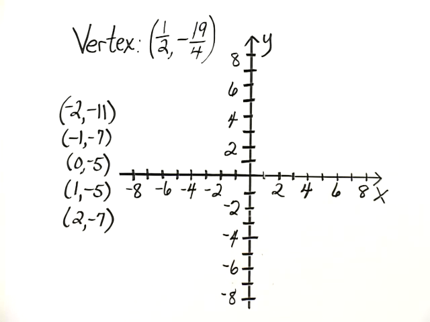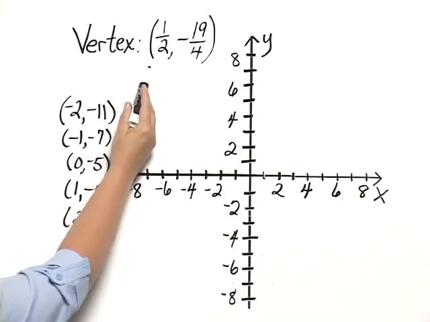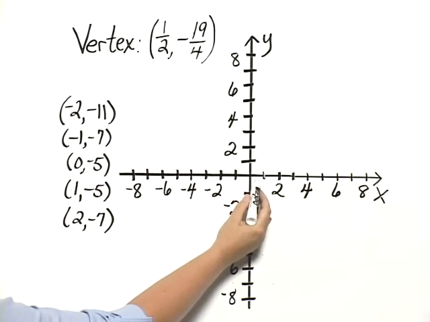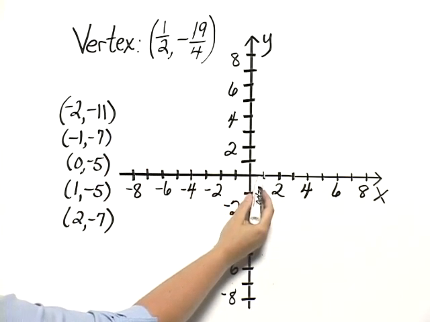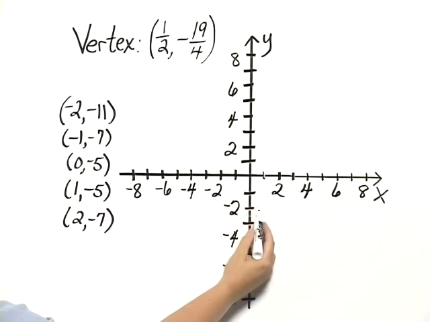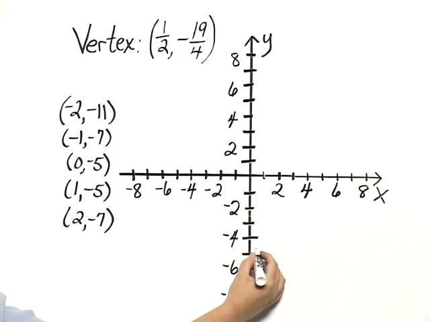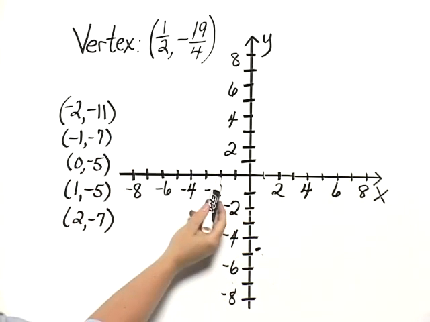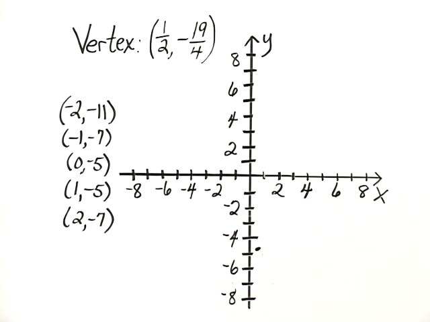Now we can plot the points and then sketch the graph of the equation. First of all, let's plot the vertex. We have 1/2, and negative 19/4 is almost negative 5. So we'll put our vertex here. Negative 2, negative 11 would be off the graph the way I've drawn it, so we won't plot that one.